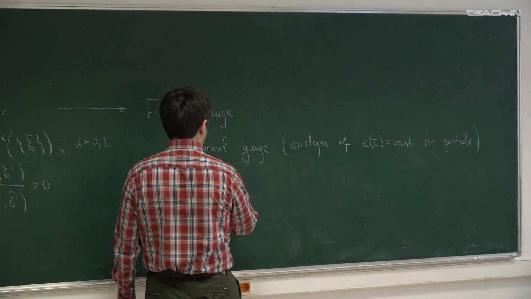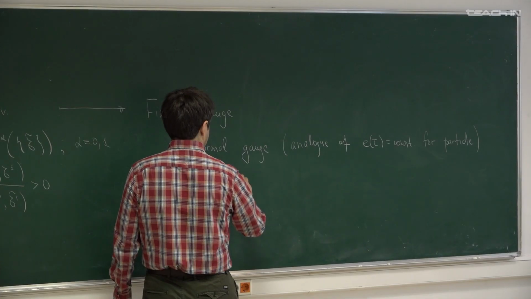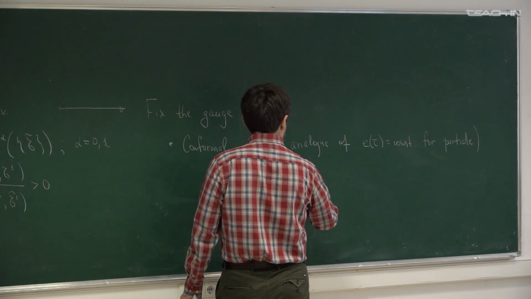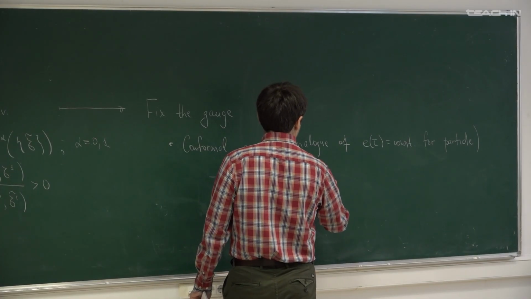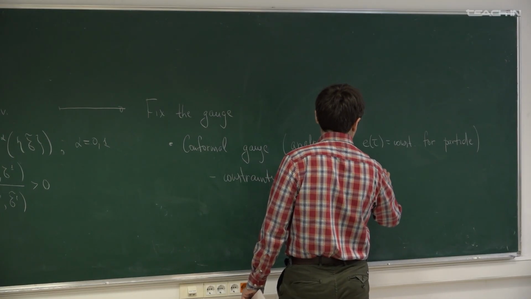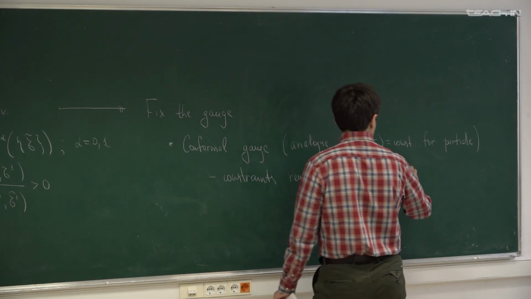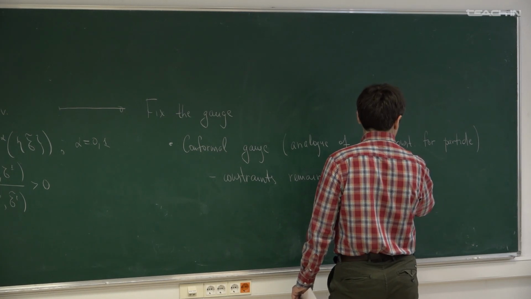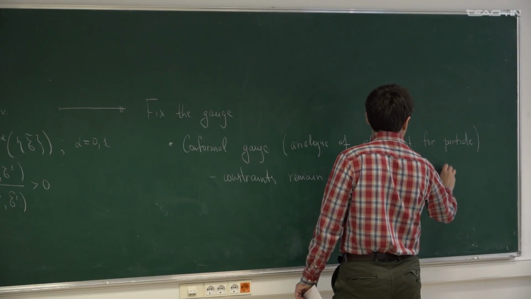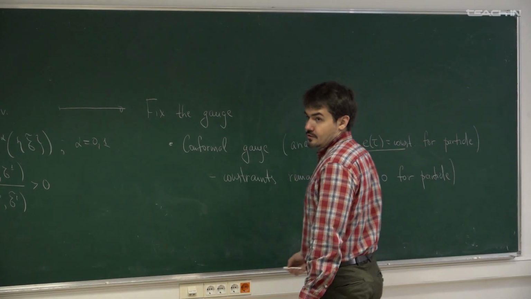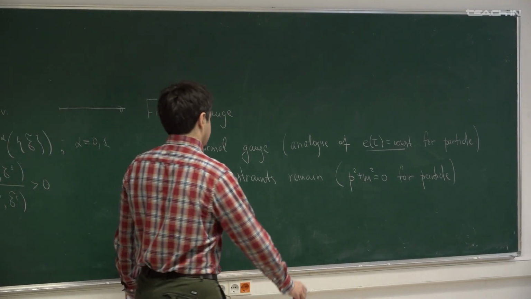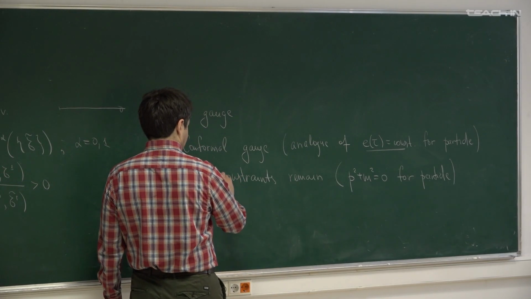So some constraints remain, same as we had the constraint that p squared plus m squared equals 0, again for the particle case. So in this gauge e of tau equals constant, we had additionally this constraint. But the nice thing about this gauge is that the Lorentz symmetry is not broken.